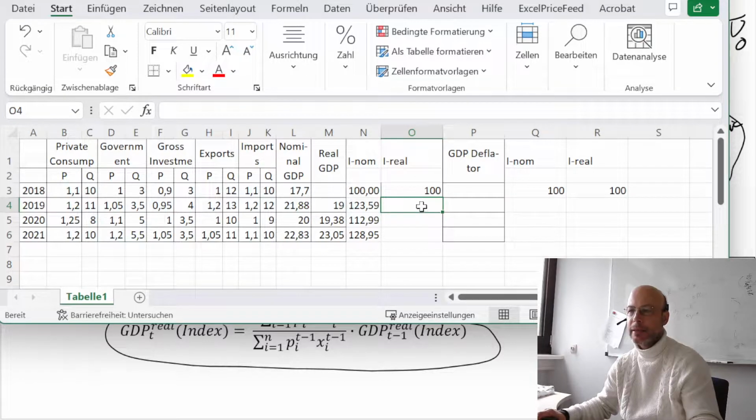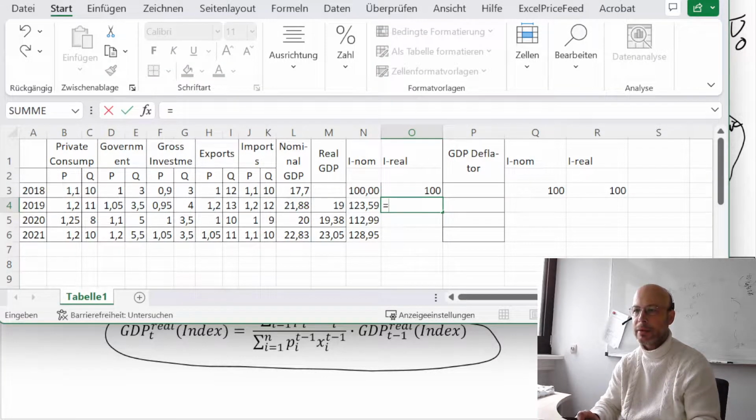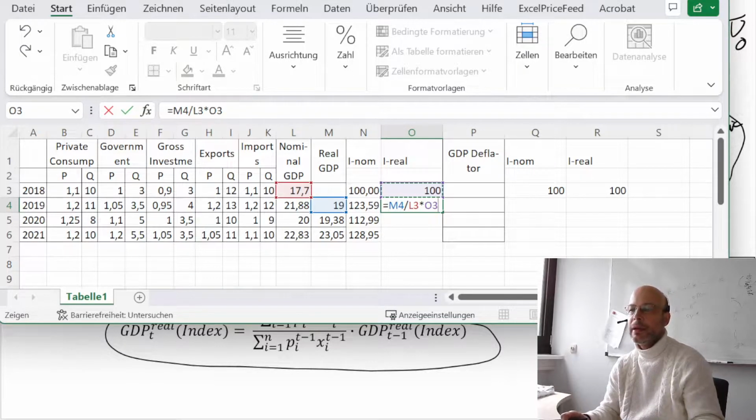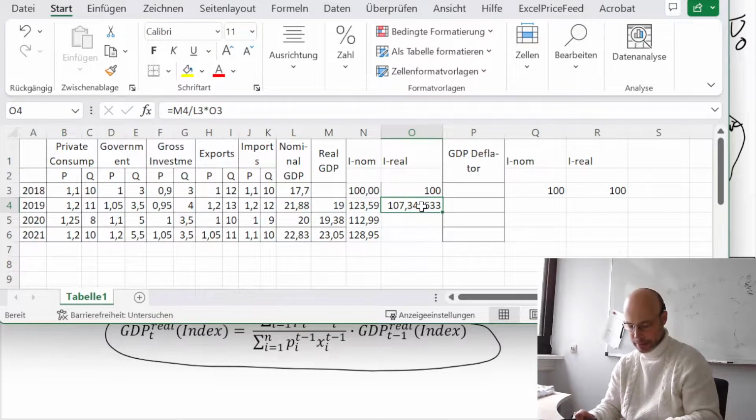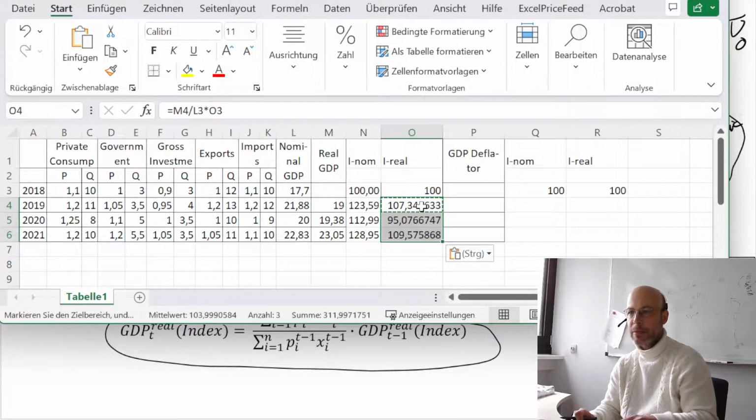So we have to calculate real GDP of today in 2019 over nominal GDP of the former period, and now chaining with the index of the former period. 2018 we took as base, so we just set it as 100, and then we can move this down.